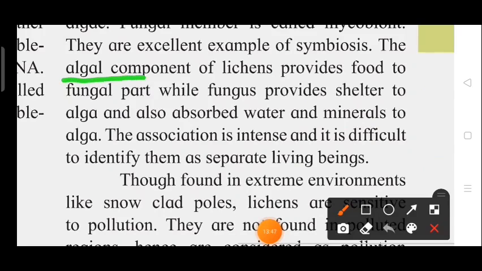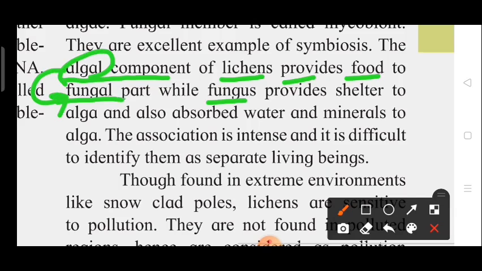The algal component of lichen provides food to the fungal part, while the fungus provides shelter to the alga. It also absorbs water and minerals for the alga. This association is intense, and it is difficult to identify them as separate living beings.